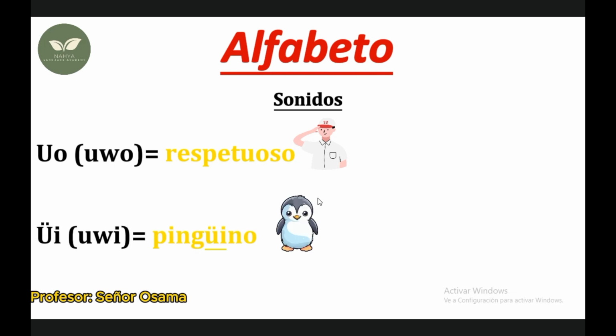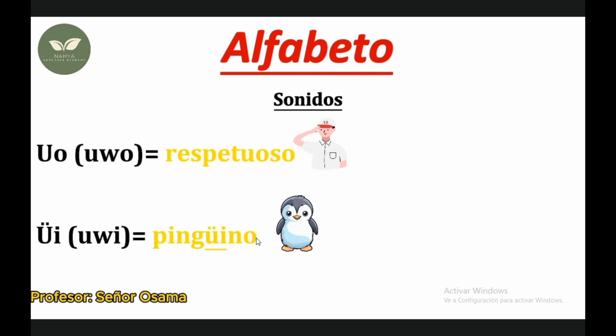Okay, so the next one is this. Actually, this letter you will not find a lot, and you will see it in Spanish only from time to time. Okay, and this sound is uwi. Okay, uwi, and we can find it in this word, which is penguino, which means penguin.